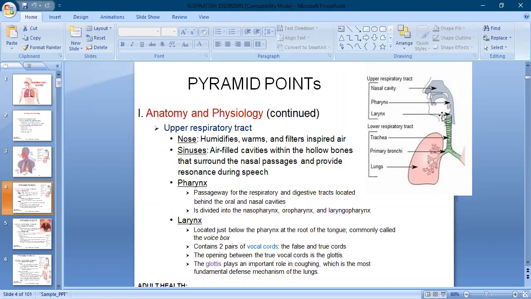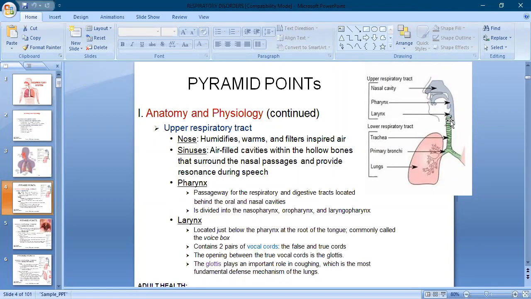The portion of the pharynx just behind the sinus or nose is called the nasopharynx. The part of the pharynx related to, or behind, the oral cavity is the oropharynx.